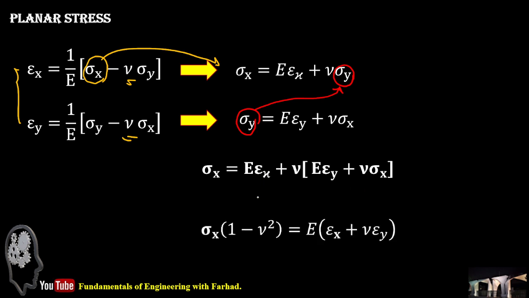If you expand it and take all the sigma x to one side and factor it out, you get sigma x times 1 minus nu squared is equal to E times epsilon x plus nu epsilon y.